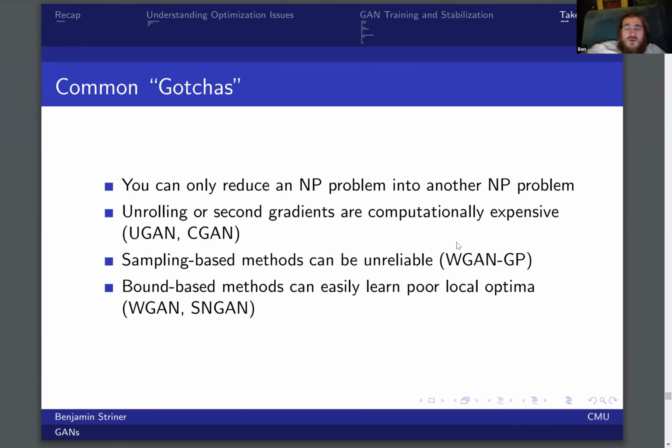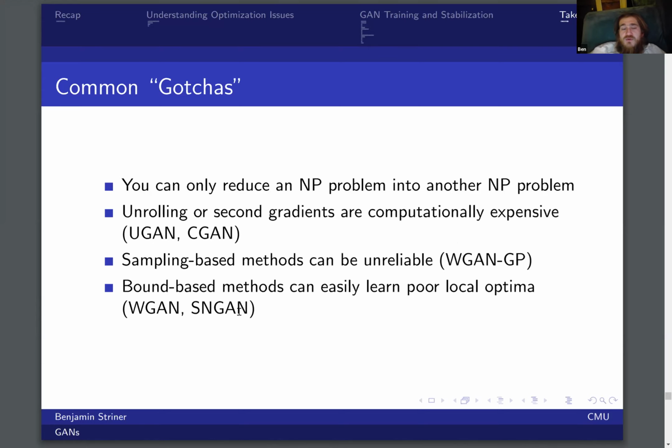So unrolling has some computationally expensive methods. There are sampling-based methods, which are as reliable as your sampling is and how much sampling you have. And bound-based methods can have artifacting. Those are your two choices, samples or bounds, for trying to clear up the data.